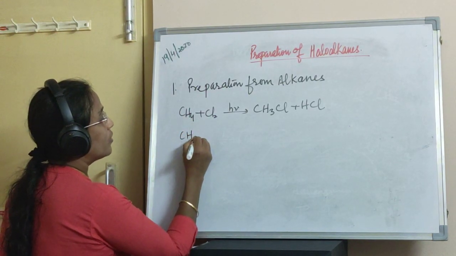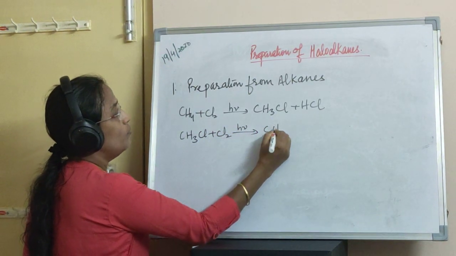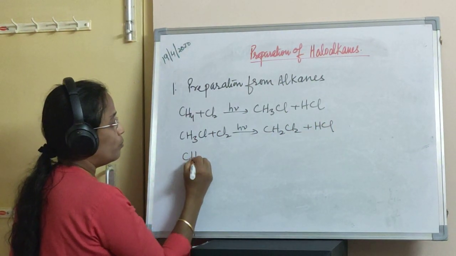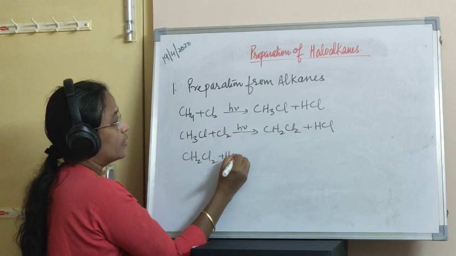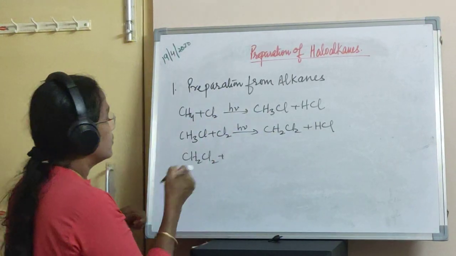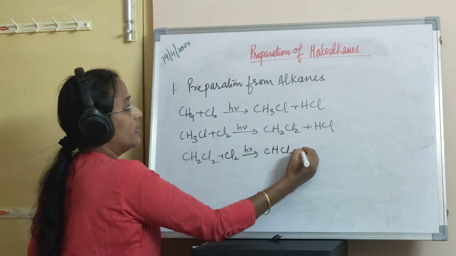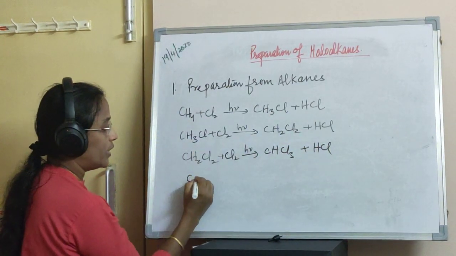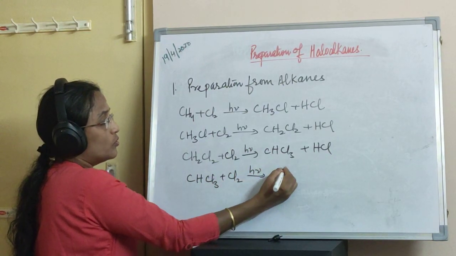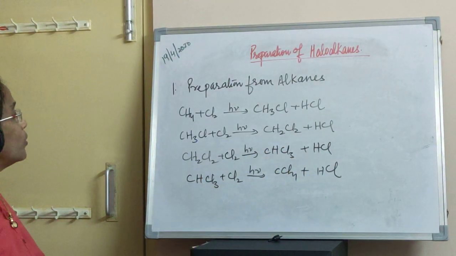Now, this methyl chloride can further undergo halogenation to form further substituted products like dichloromethane, trichloromethane, and even we can get tetrachloromethane, carbon tetrachloride, an organic solvent which is non-polar.